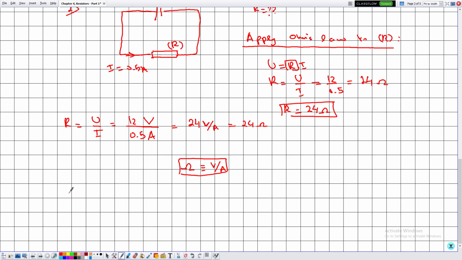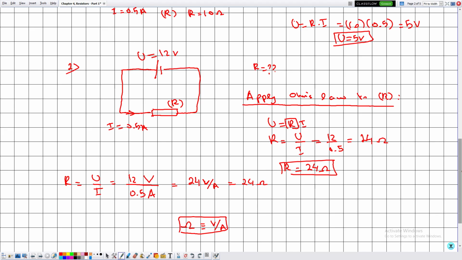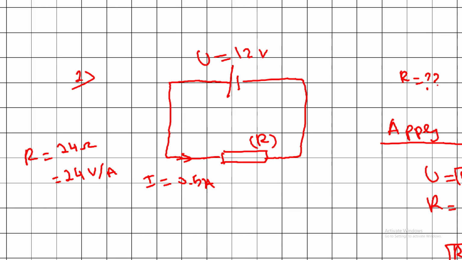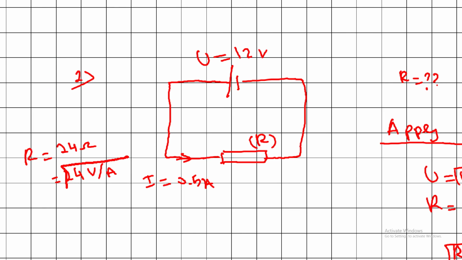So whenever we say that we have a resistor of 24 ohms, this is equal to 24 volts per ampere. So for this resistor, what does 24 volts per ampere represent?